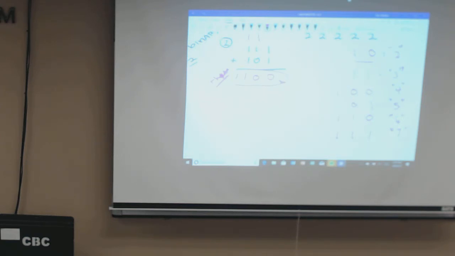Okay, let's go back to black again, and let's work problem number 4. 4 says 1111 plus 1101. Draw a line and add. And what's 1 and 1? 2.